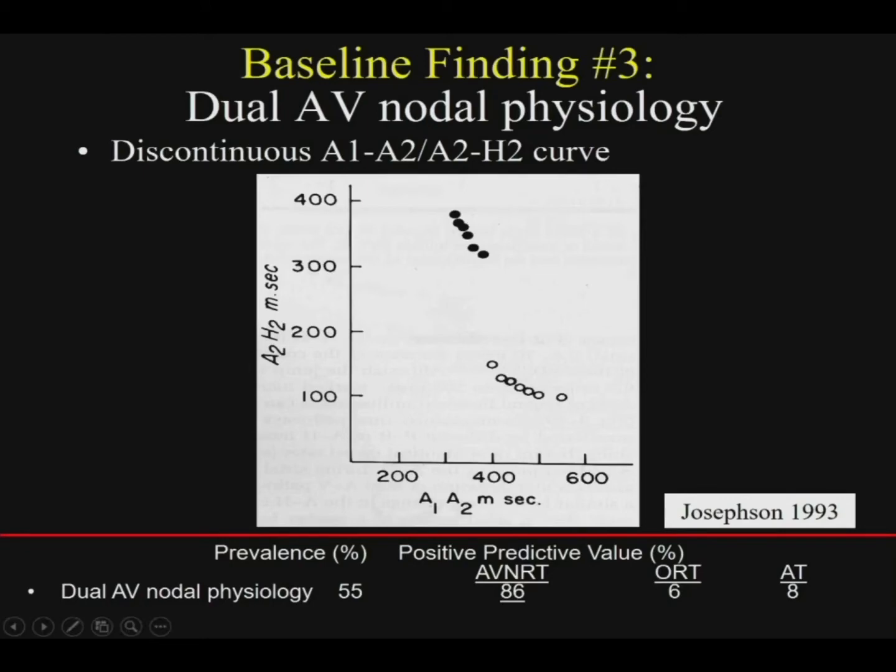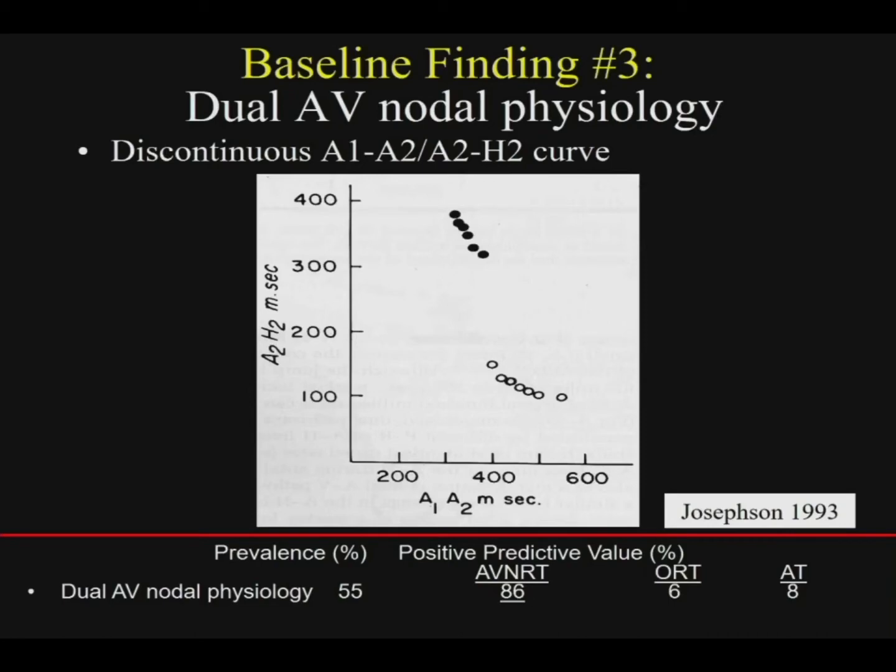And you measure the AH interval, and it's going to get longer. It's going to decrement. But if there are 2 discrete physiological pathways, you'll get block in one, and it'll jump to the other one. And so this definition of a greater than 50 millisecond jump in the A2H2 interval is how we define it. It was based on a decrement of 10 milliseconds.